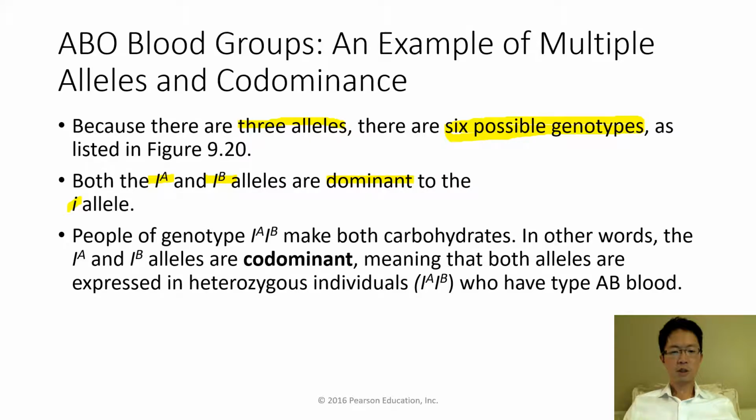So genotype IA IB is blood type AB. We call it codominant because the cell will express both glycoprotein A and glycoprotein B. So in here, when it says carbohydrate, it means glycoprotein on the cell surface.